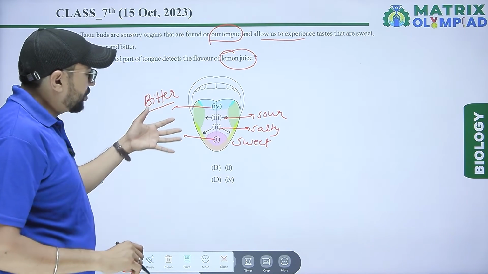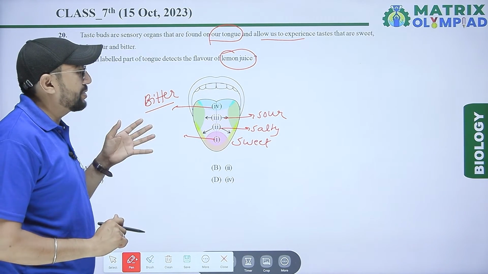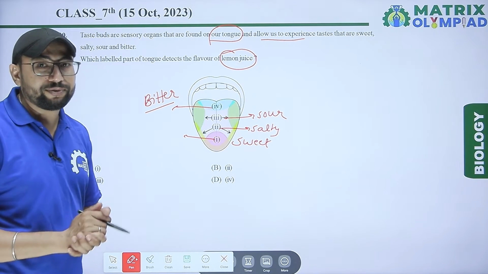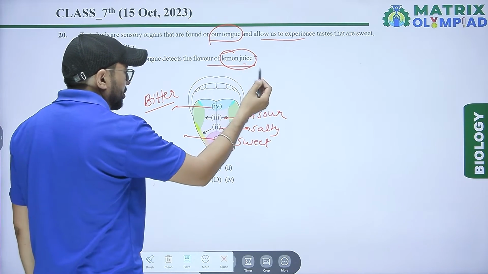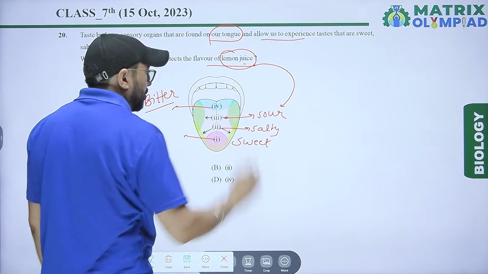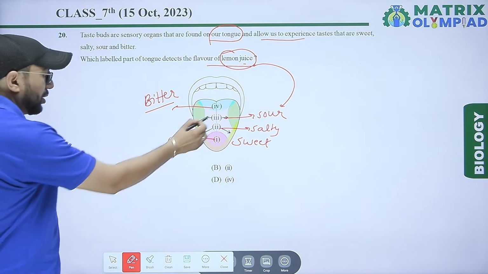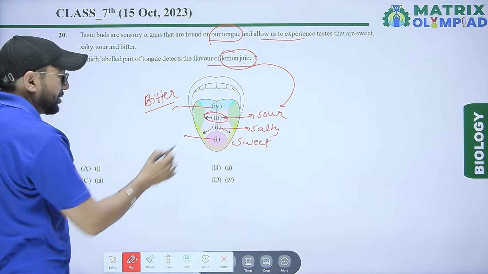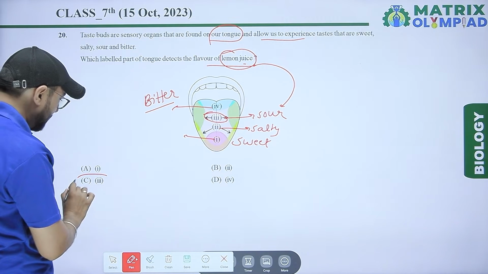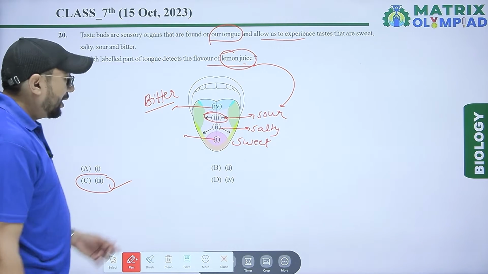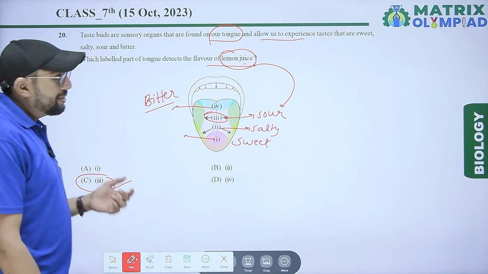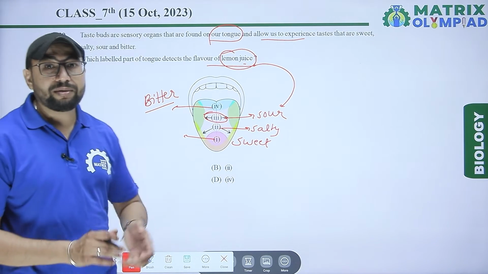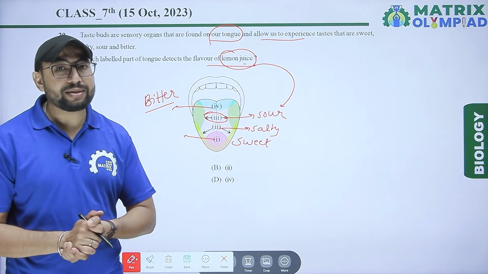Our taste buds show these 4 types of taste in different kinds of food. Lemon juice is sour in taste. Third is the right answer. Third, option C. Option C is the right answer for lemon juice. This is all about Olympiad Biology solution for class 7.